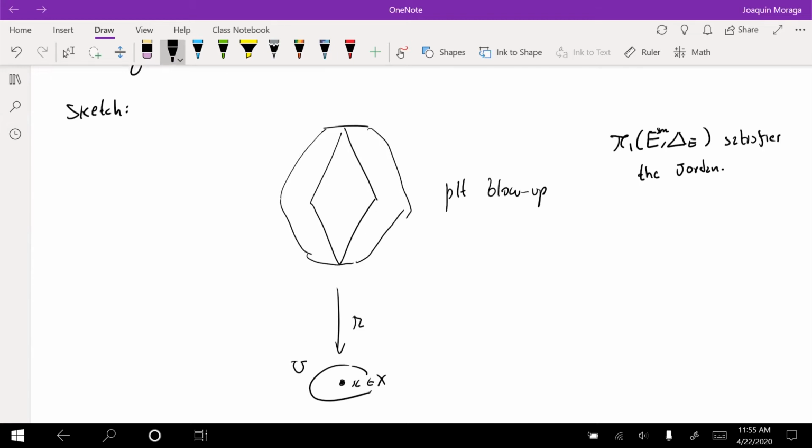So since we care about the local fundamental group, we're deleting x. So actually U doesn't see this blow up.